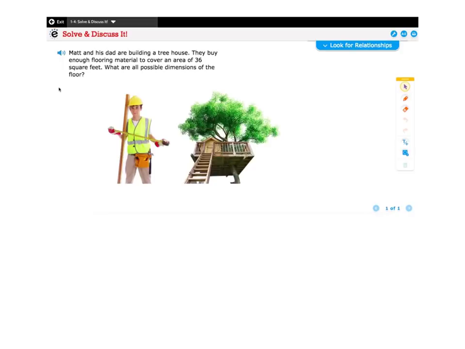Okay, so hopefully you've got some ideas on some possible dimensions. Basically, what we're looking for are factors. I want to find all the factors of 36 because those could all be possible dimensions. We could have an area that's 1 foot by 36 feet.